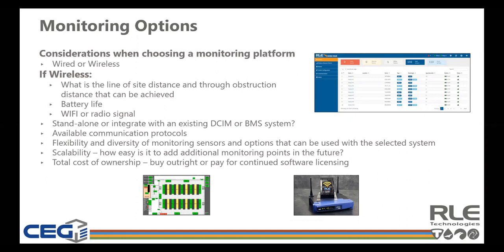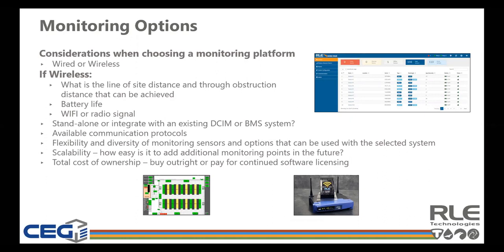And the diversity of the sensors and options that can be used with the system. So scalability, right? My data center is growing. Is this guy going to be around as I scale? Can I add more sensors, and can his appliance accommodate more? Am I going to have to upgrade that at some point in time?